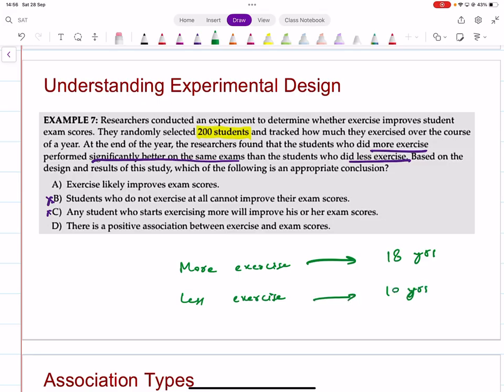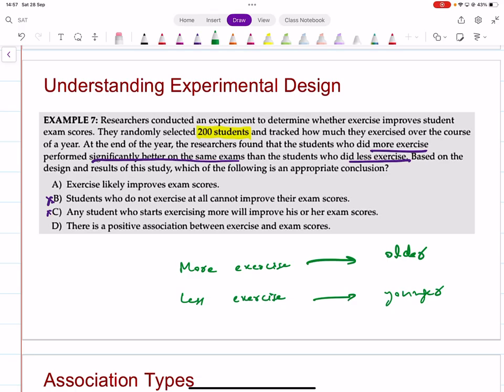What if the students who were doing more exercise, what if most of them were also older? And these were younger, the people who were doing less exercise.